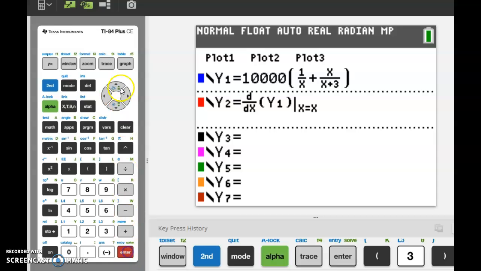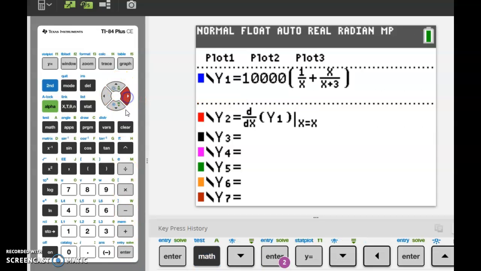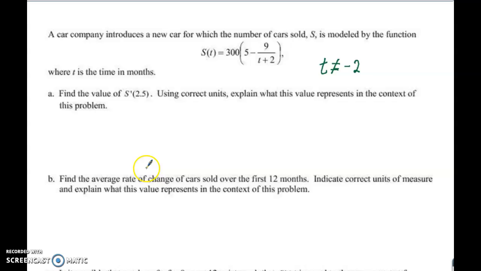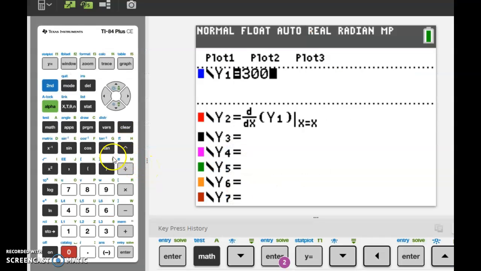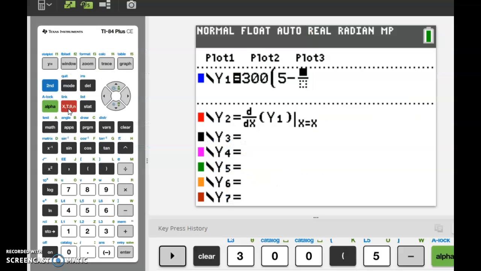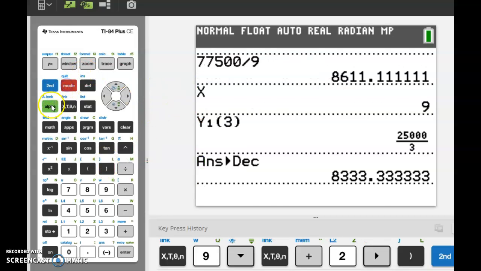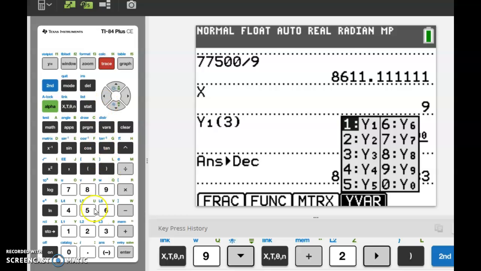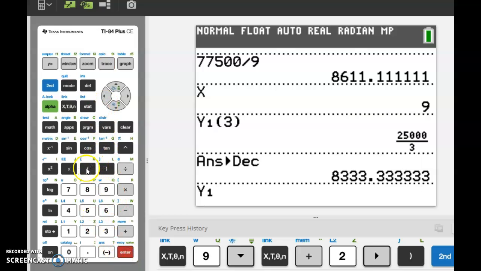And I'm just going to unhighlight that equation because I don't think I need that yet. 300 parentheses 5 minus 9 over x plus 2. There we go. So if I quit out of that, I can just hit alpha trace y1 of 2.5.